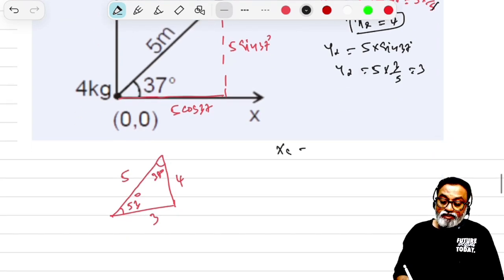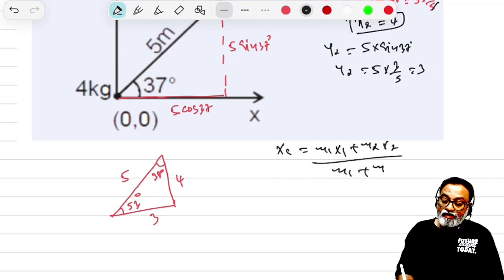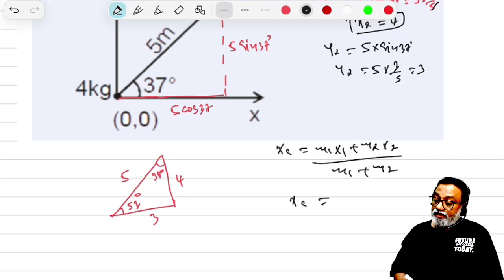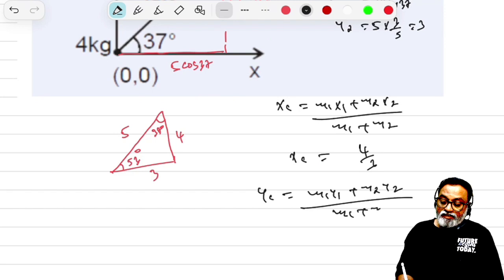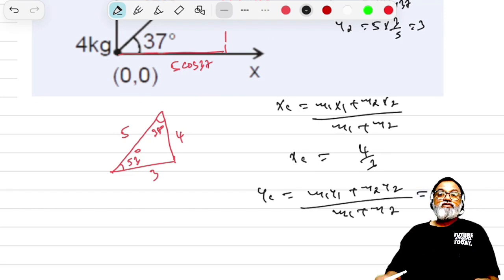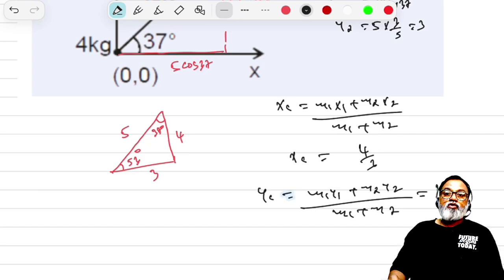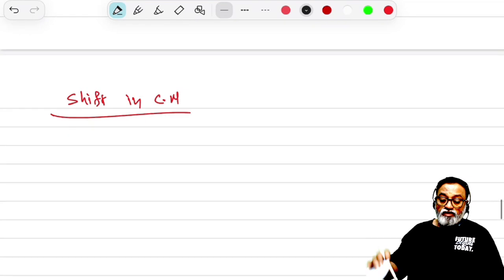Then xc is equal to m1 x1 plus m2 x2 by m1 plus m2. Therefore, we can get the answer xc is equal to 4 by 3. Like that, yc is equal to m1 y1 plus m2 y2 by m1 plus m2. Here after substitution we can get the answer 1. This is the method to find the coordinates of the center of mass of a discrete particle system.